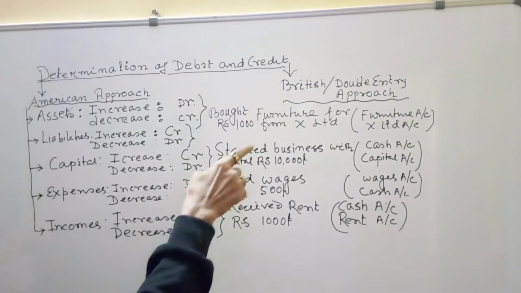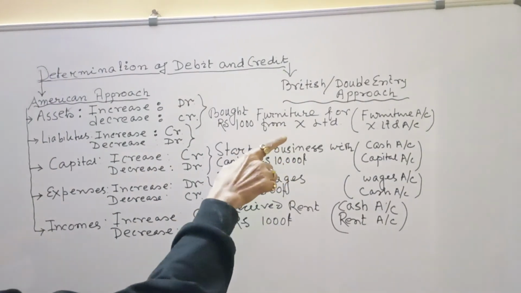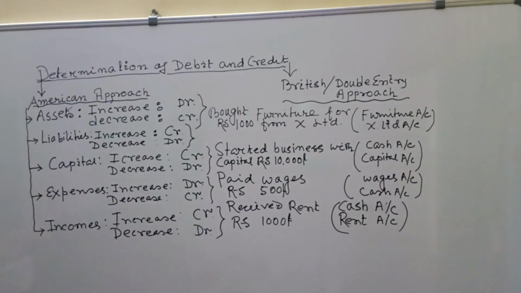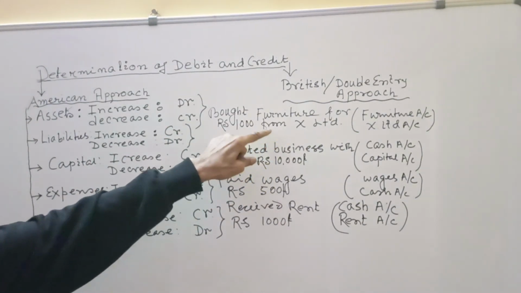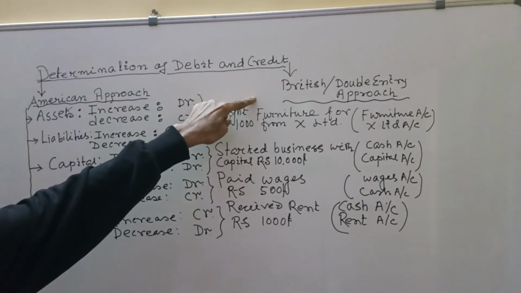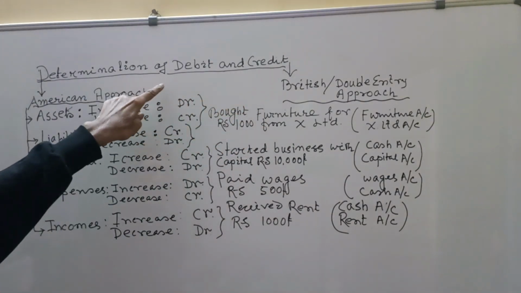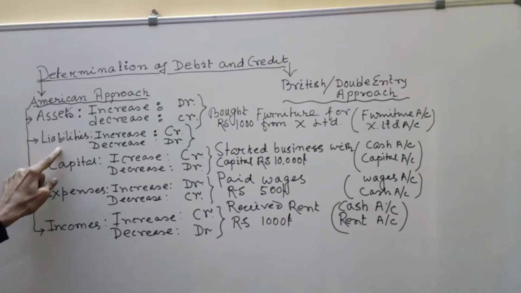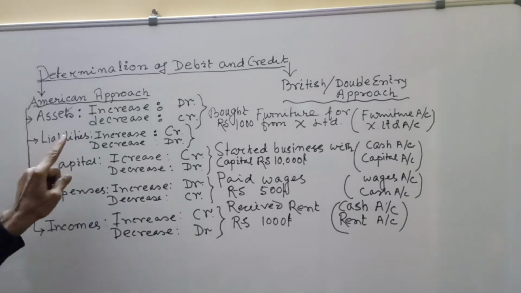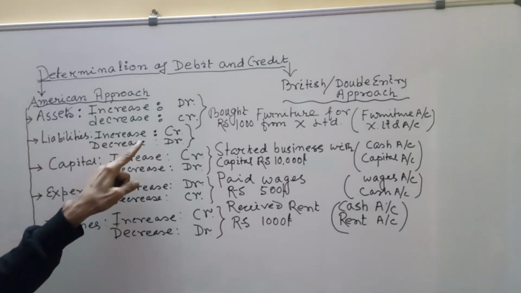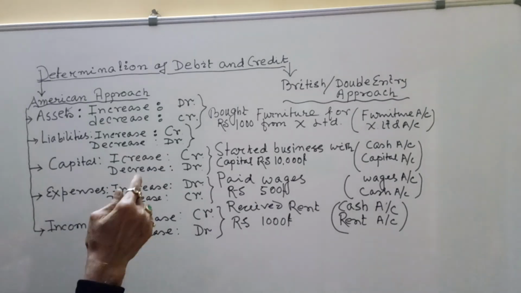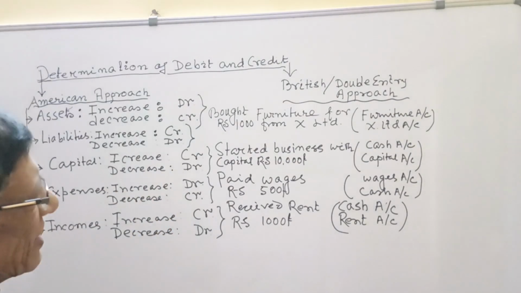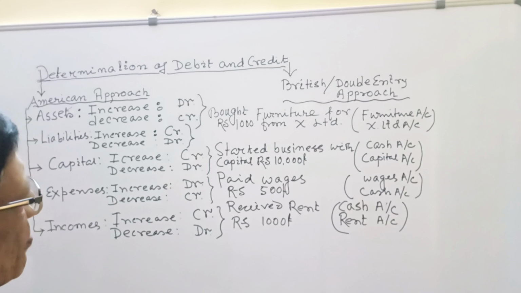So naturally, our liability to X Limited is increasing, whereas the value of the furniture is increasing in our business. As per the liabilities rule, when the value of the liability increases, it is credited. So therefore, as the value of our liability to X Limited is increased, X Limited will be credited.